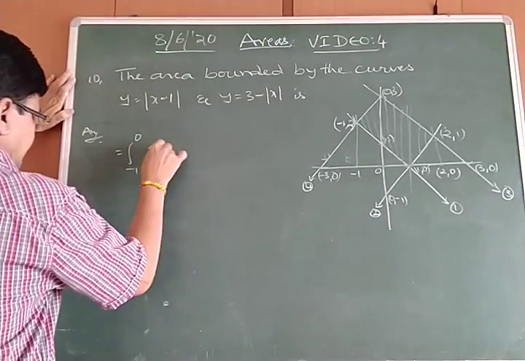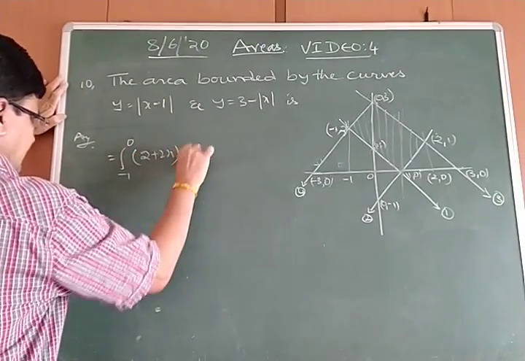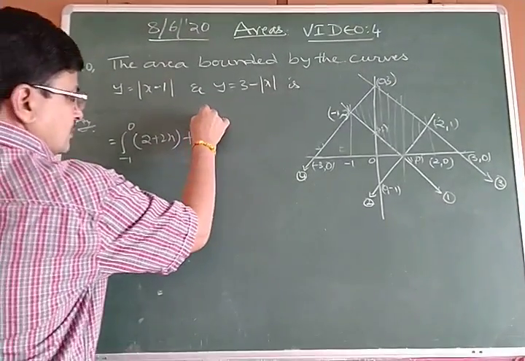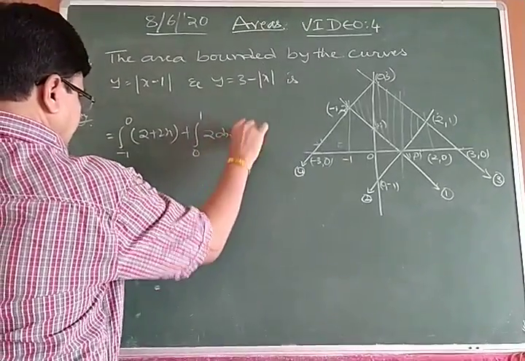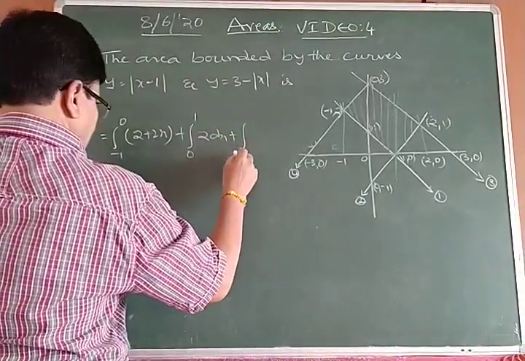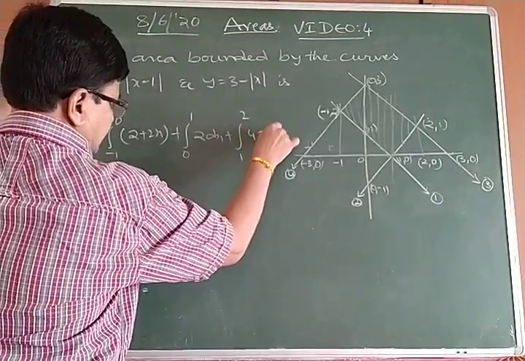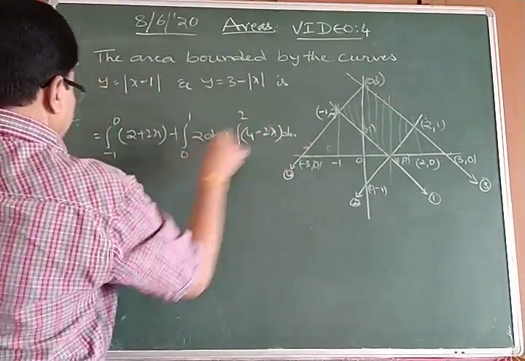That gives the integral of 2 plus 2x, plus the integral from 0 to 1 of 2 dx, plus the integral from 1 to 2 of 4 minus 2x dx, that is 4.